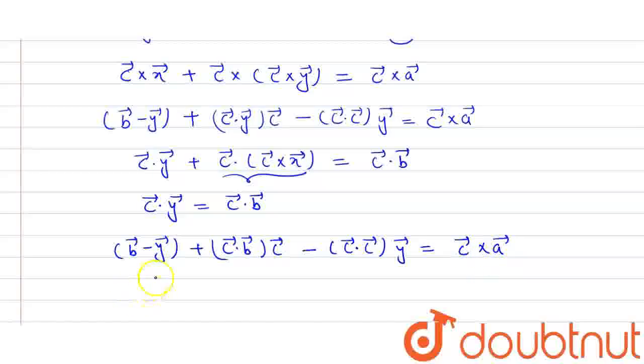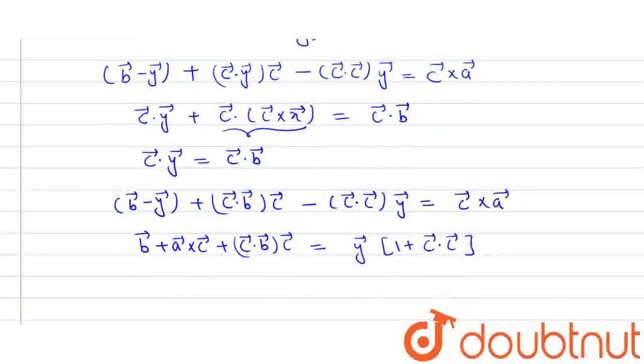So from here I will write b vector plus a vector cross c vector plus c vector dot b vector multiplied by c vector, which is equal to y vector times 1 plus c vector dot c vector.